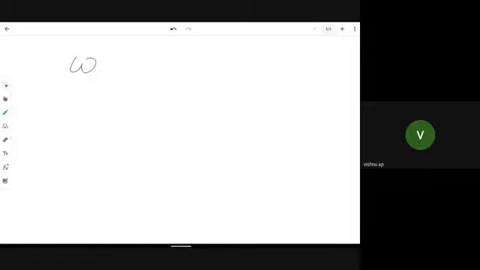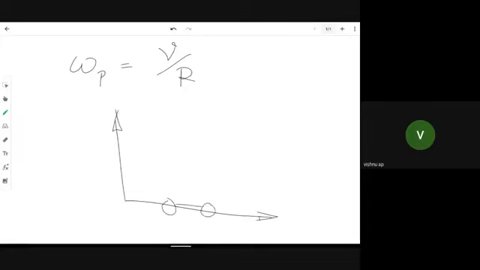We know omega p is the angular velocity of precession. This omega p can be written as the linear velocity of the vehicle divided by the radius of curvature. Because you have two axes, and within this you have the bike here. The bike is moving, the wheels are rotating.